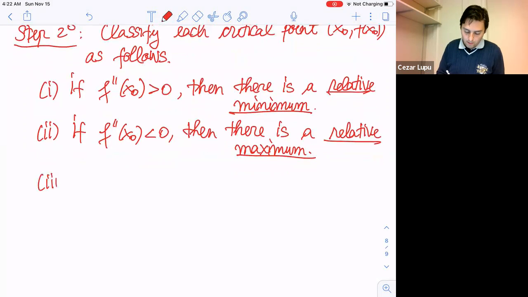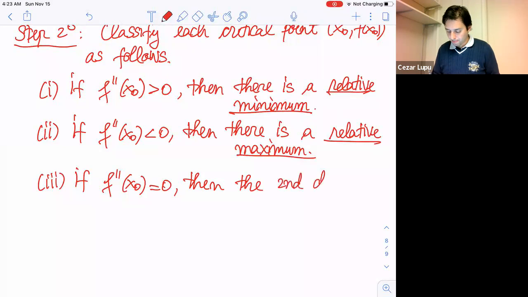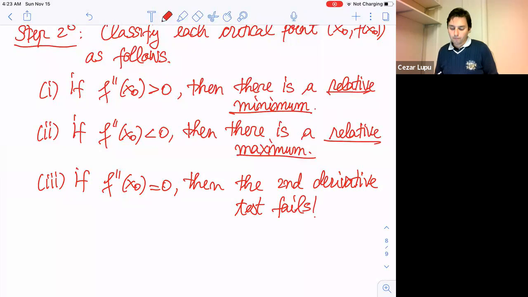And the third scenario is that if the second derivative at the point x naught is 0, then the second derivative test fails. So there might be a relative minimum, a relative maximum, or neither at the point x equals x naught.